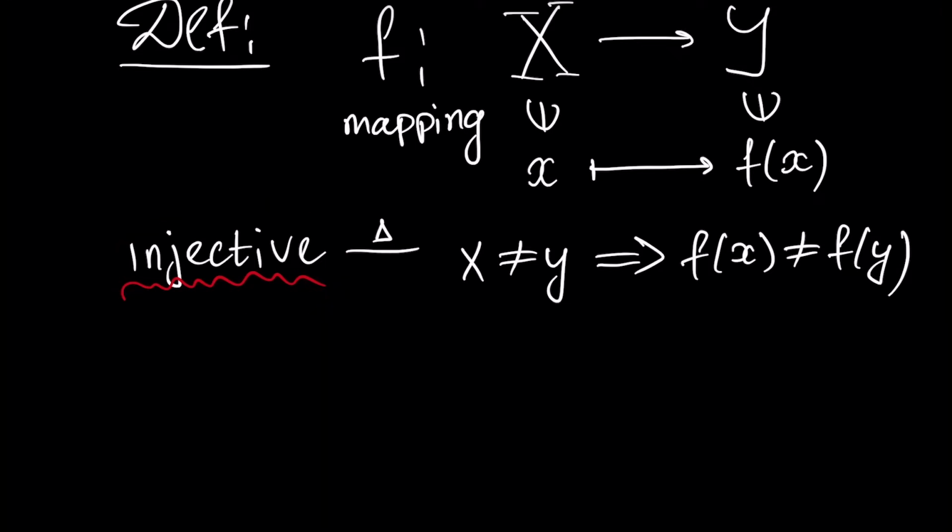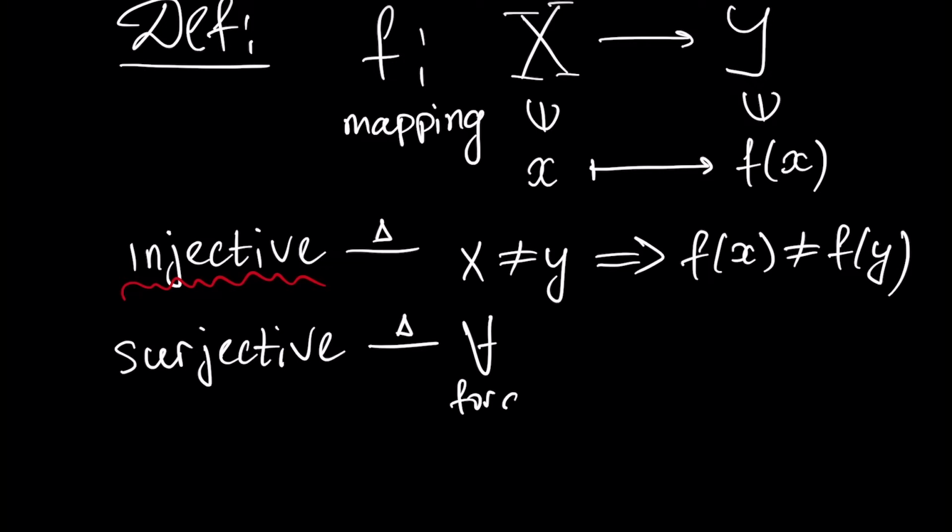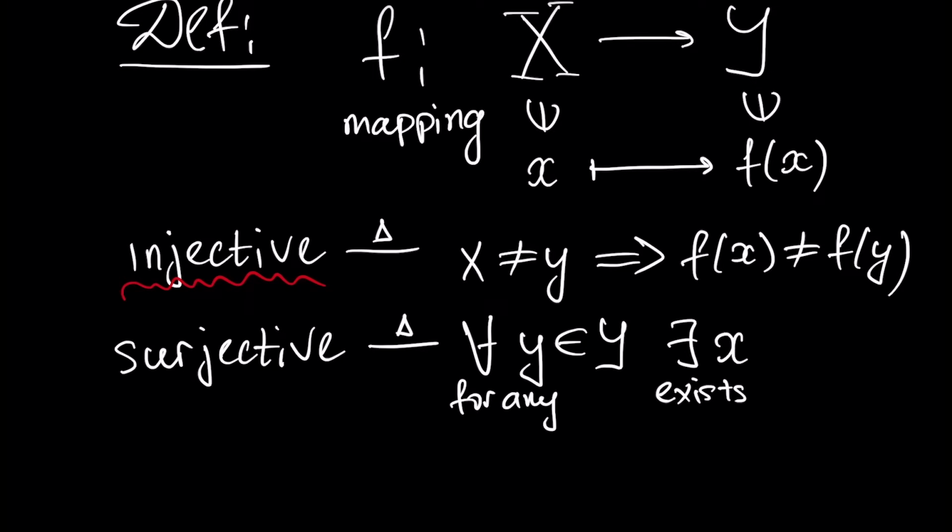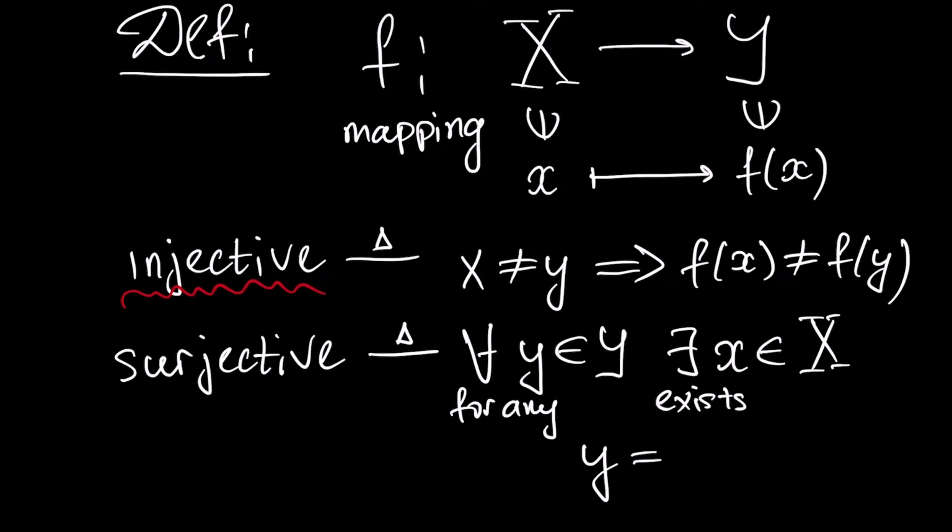Next, our mapping or function is called surjective. Surjective, by definition, if for any, this symbol means for any, y in set big Y exists small x in big X such that y is equal to f of x.